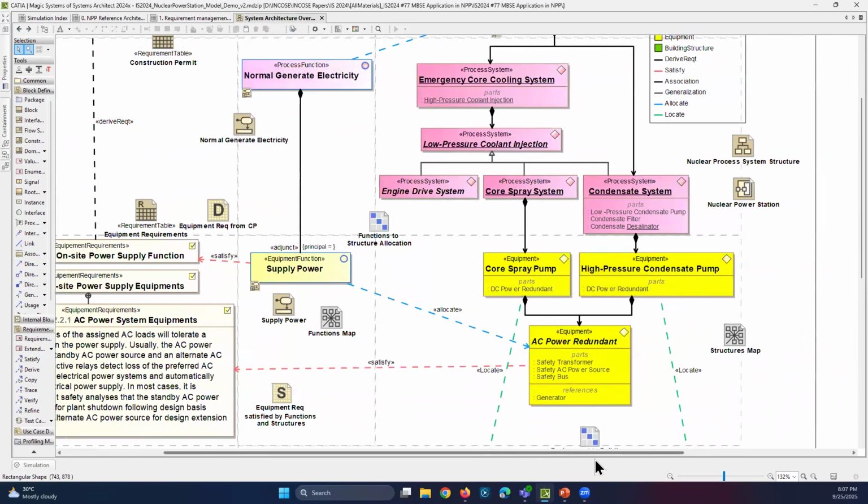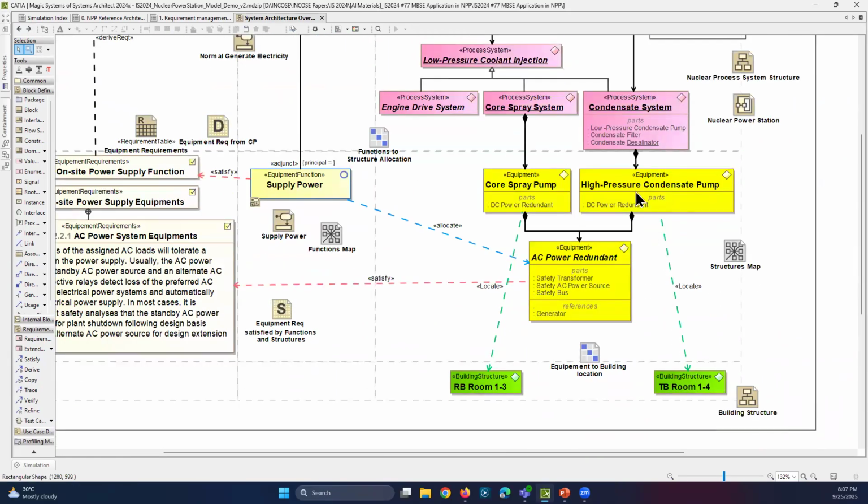If we have enough information, we are able to look into each system from the logical aspect and identify the implementations in the equipments. And finally, each of the equipments will also be allocated into the actual rooms that we design, right? So we know which room will carry which part of the equipment and what function the equipment provides from the operational aspect.